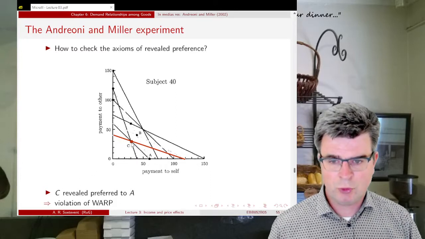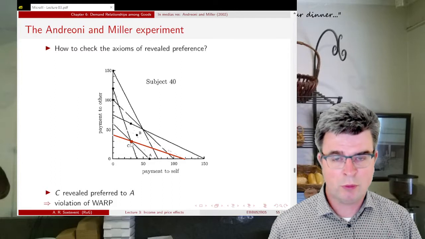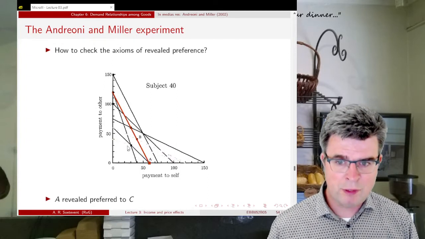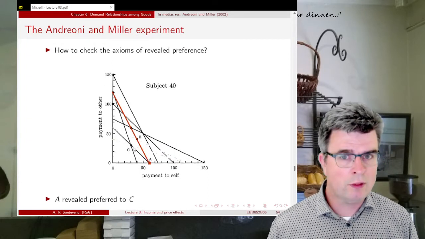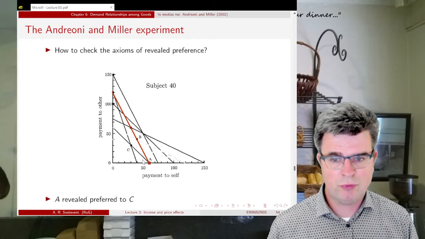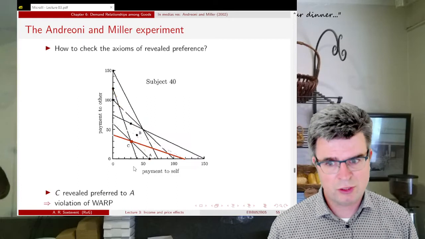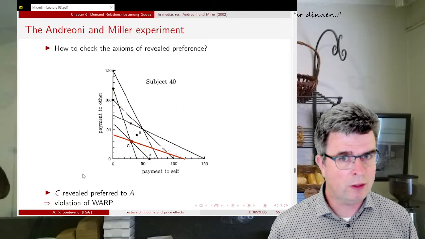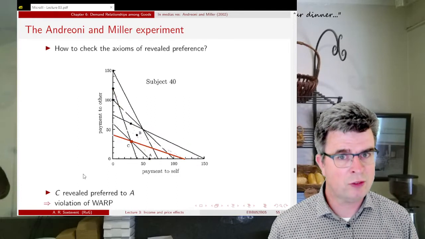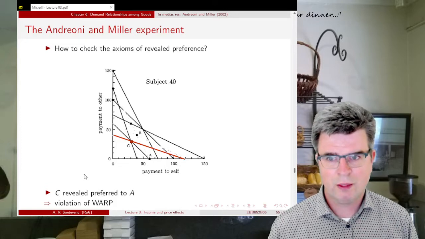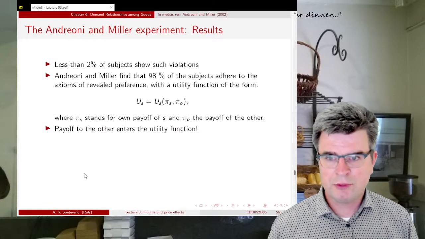So this choice reveals that he strictly prefers bundle C to bundle A. However, in the previous budget line, the same subject indicated that he preferred bundle A to bundle C. So that is inconsistent. So this subject violates the weak axiom of revealed preference. This is how the experiment works.